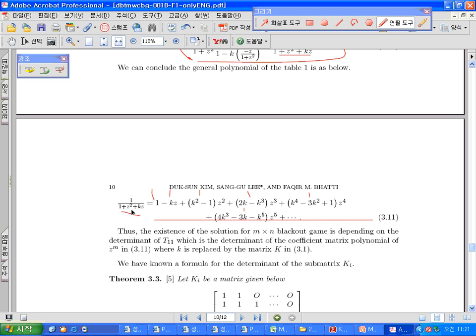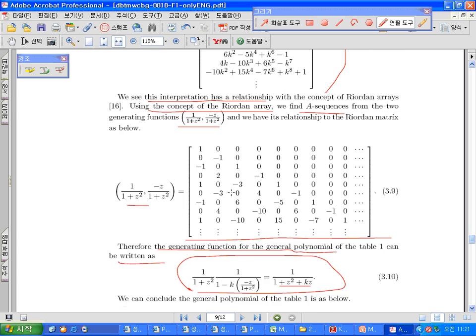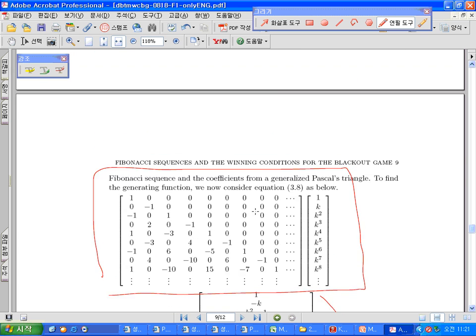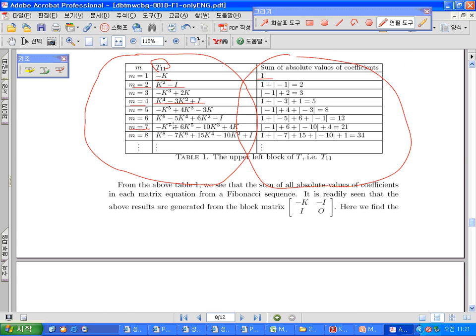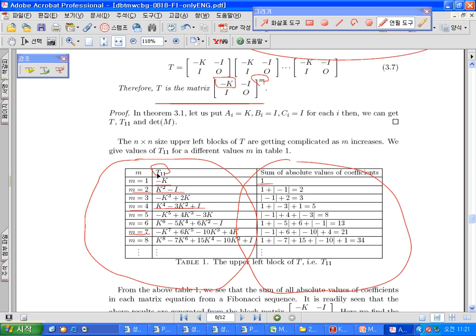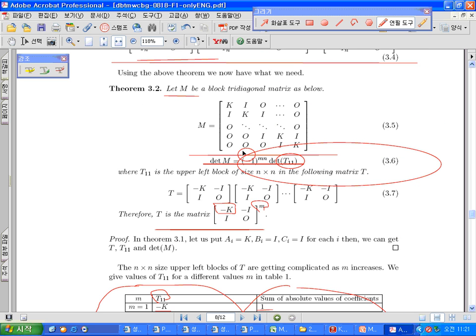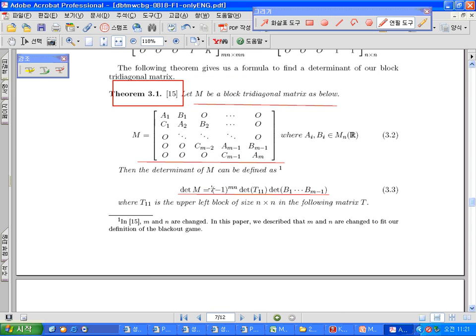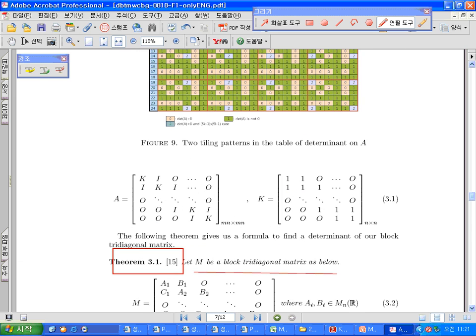This generating function can be written in this way, and this coefficient exactly matches with this and this. So what we need is the determinant of this T11, where this K is a matrix of this pattern. Matrix K is this tridiagonal matrix.